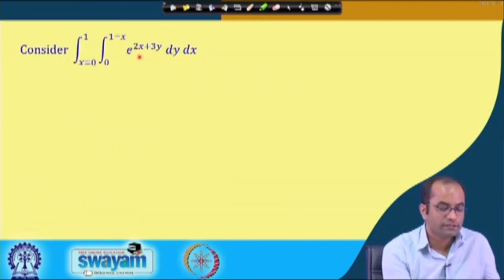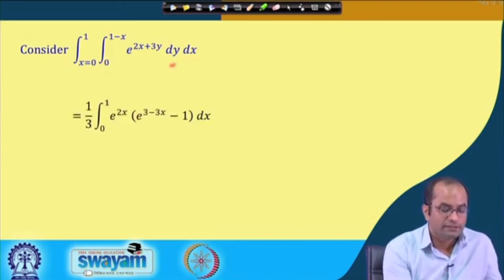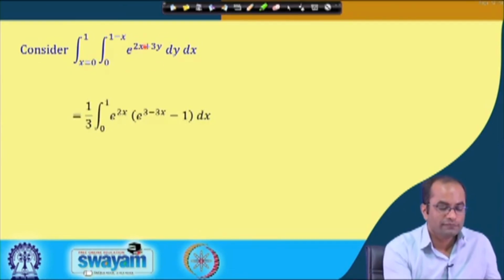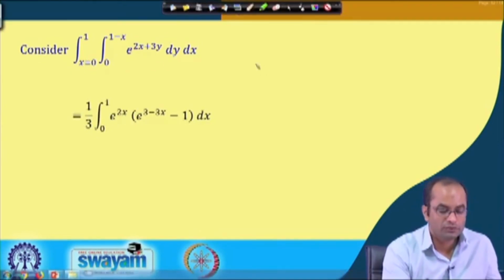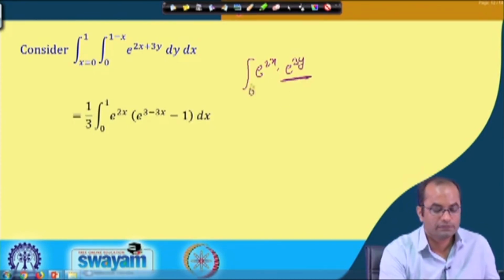So, taking this one here, y from 0 to 1 minus x, and x goes from 0 to 1. We will integrate the inner one with respect to y. We have here e power 2x and then e power 3y, that is our integrand. So, we are integrating with respect to y, that means the integral from 0 to 1 minus x of the inner one.